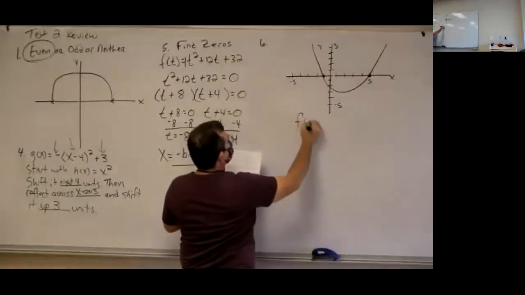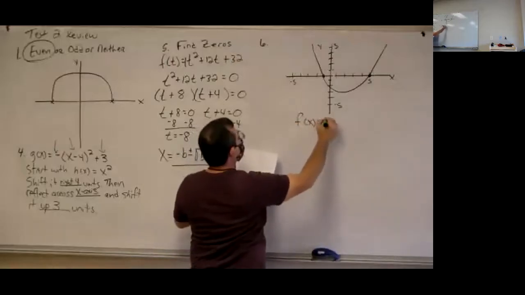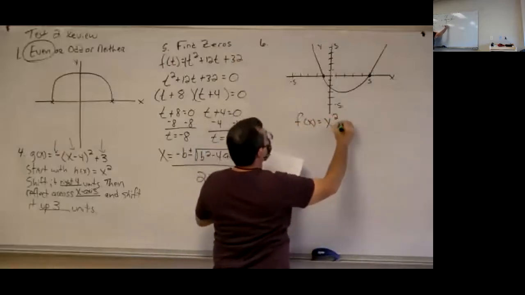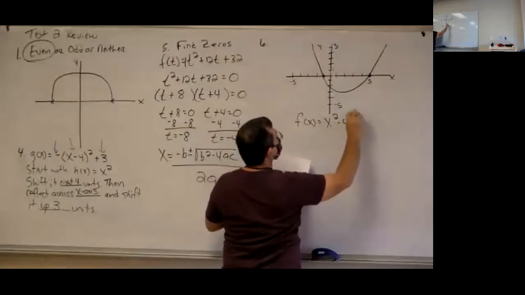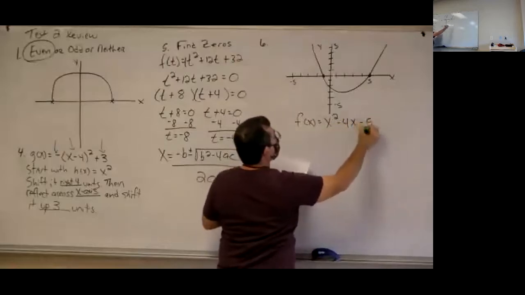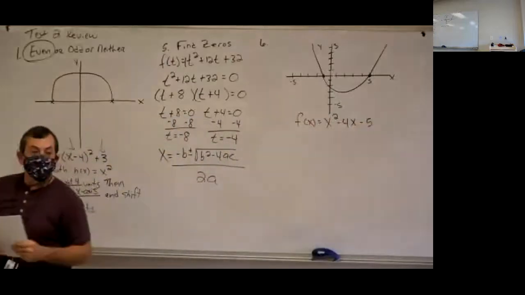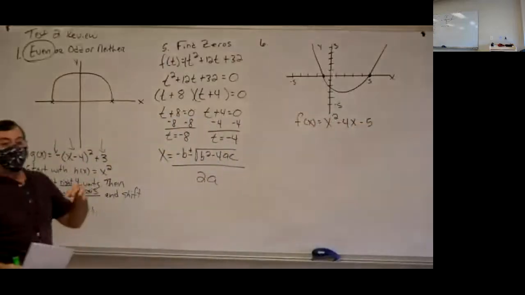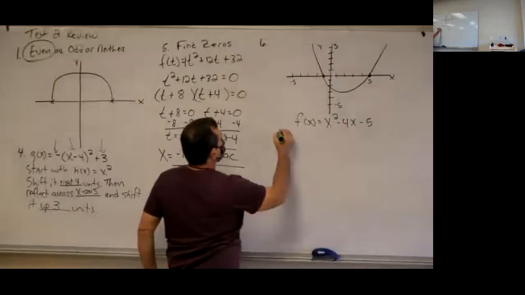They're telling me this is the graph of f of x equals x squared minus 4x minus 5. So they want me to find the x-intercepts first and then the solutions.